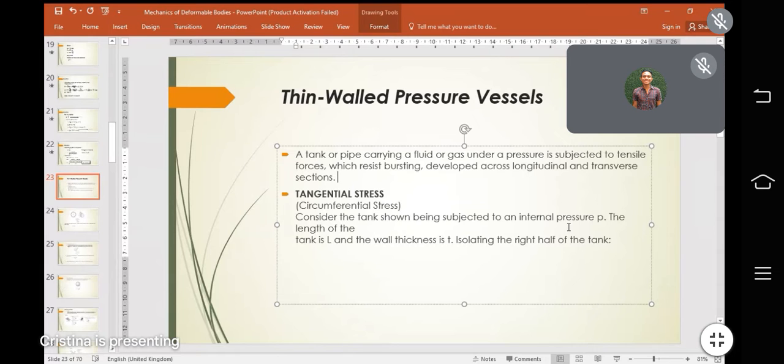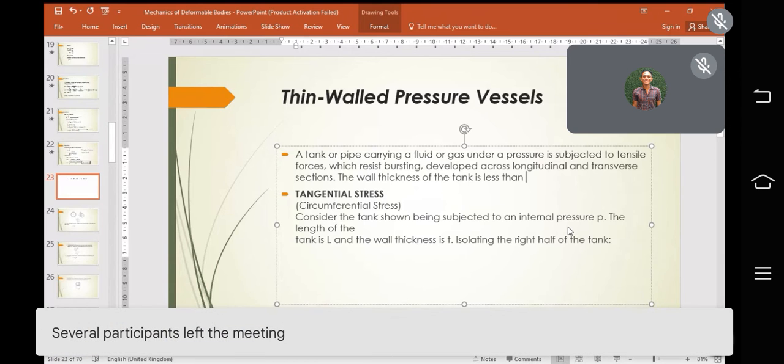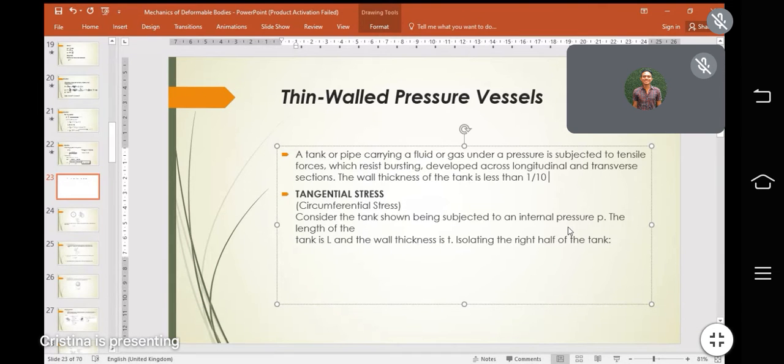So the wall thickness of the tank is less than 1/10 of the radius of the container.